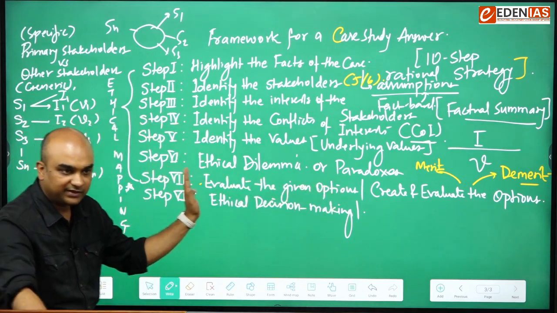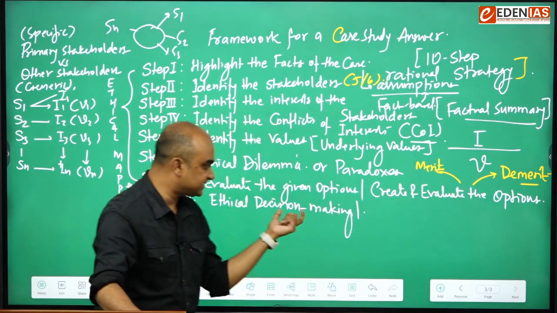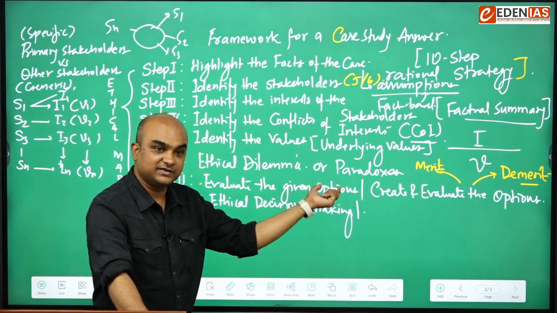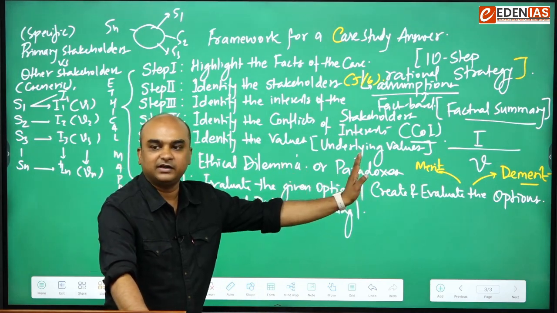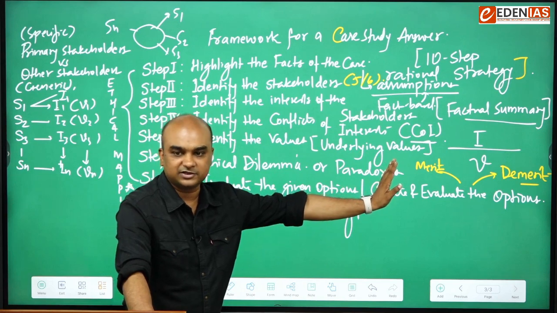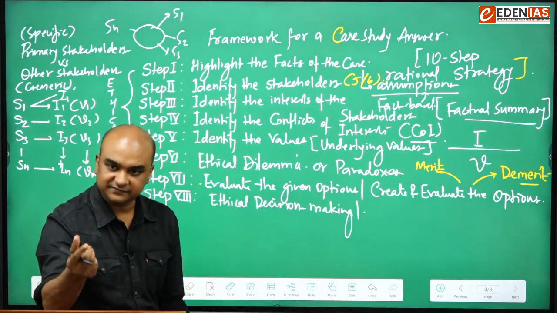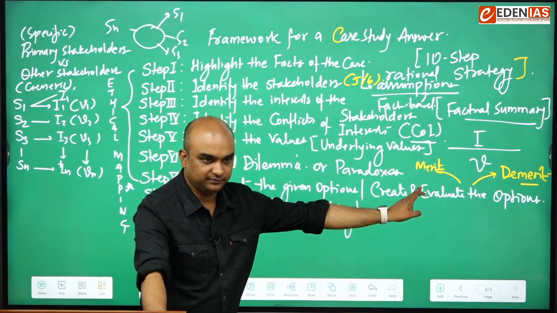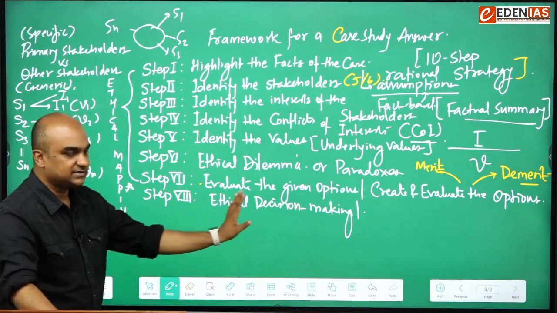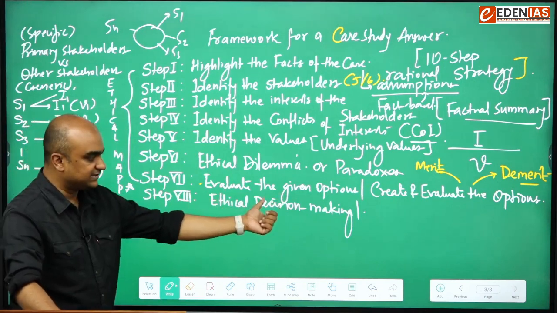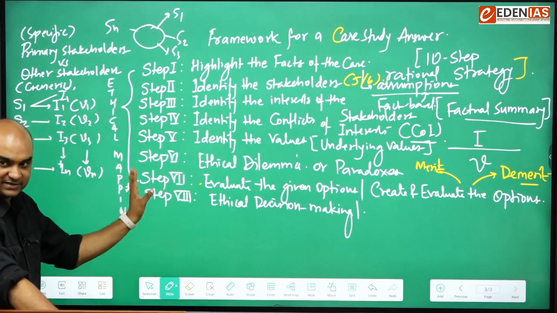You have evaluated all these options, you have highlighted the merit and demerit. So this step was also a part of this. Do you understand that? Or maybe after evaluation you found that none of them could be the right course of action. So you are coming up with another alternative. But that alternative is also based on the evaluation that you have conducted in the previous step. Then you make the decision. You have to take the decision. This is the moment of truth. Herein also lies maximum marks.